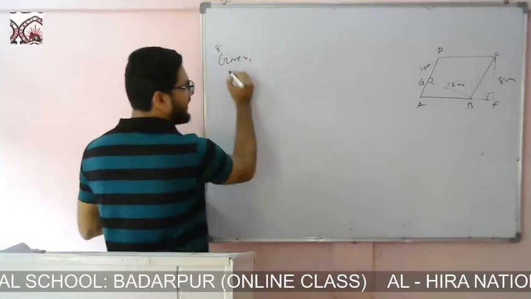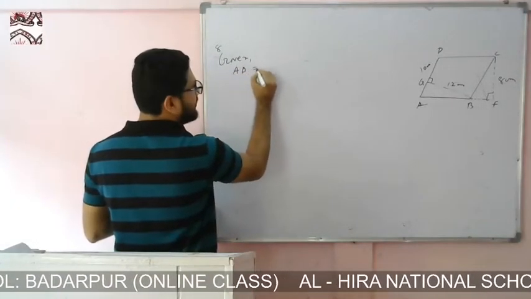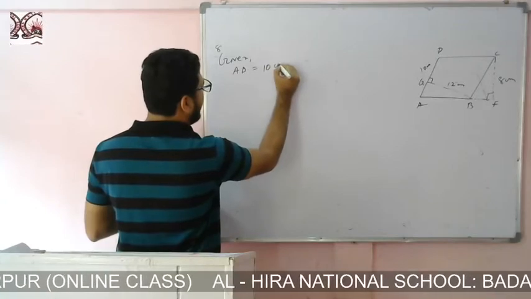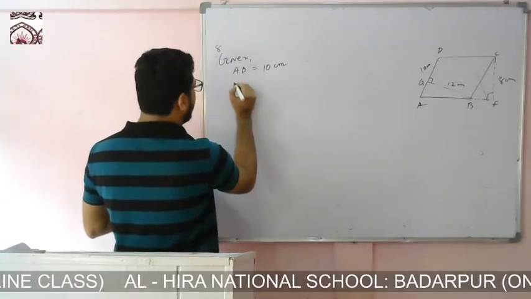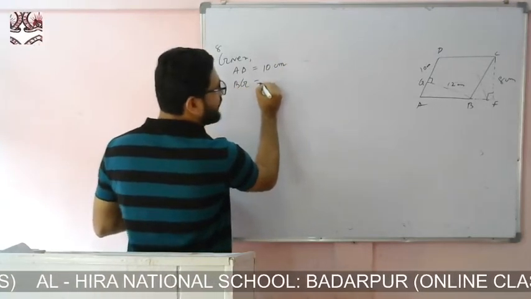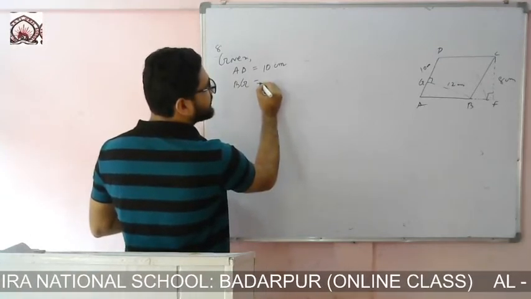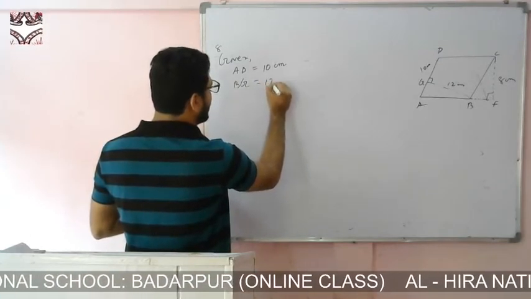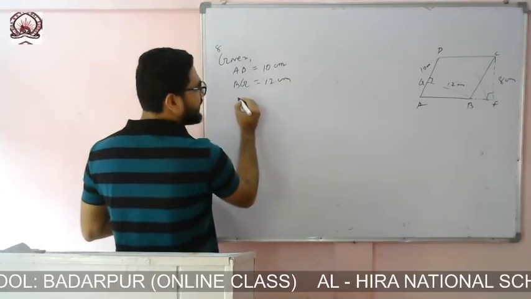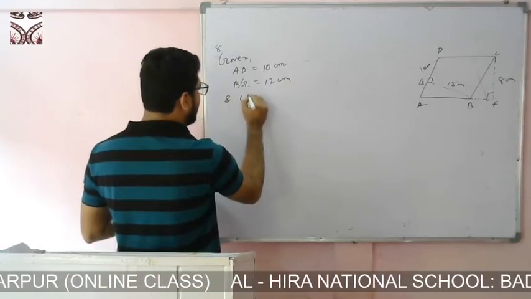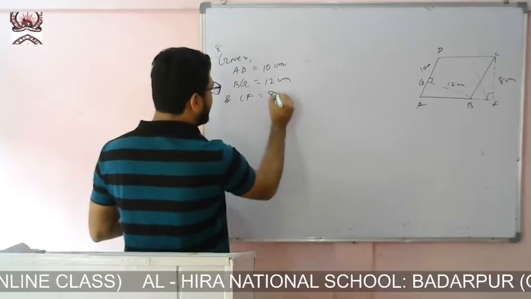So write given: AD equals 10 centimeter, BG equals 12 centimeter, and CF equals 8 centimeter.